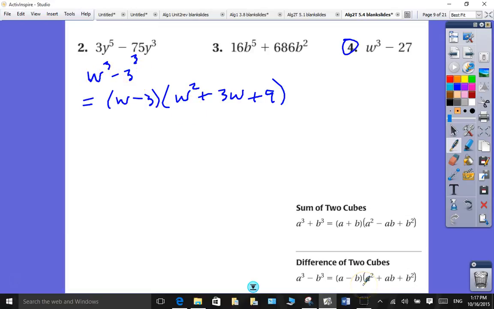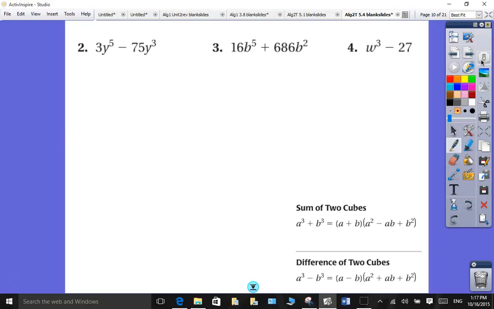Plug them in the formula. Remember that the 3 is positive. Try the second one, and I'll give you a clue. Definitely you're dividing out a 2.